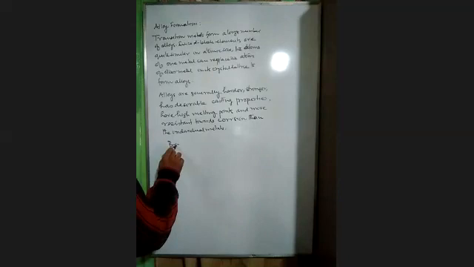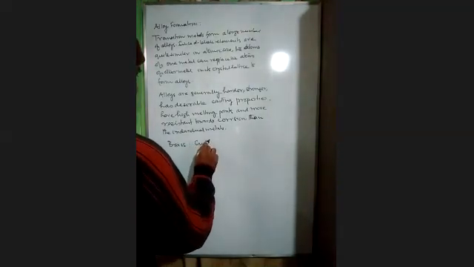Okay, write the example. Please, some of the examples you should know for your entrance exam. Brass contains what? Copper and zinc. See, zinc is 225 picometer, copper is 119 picometer, so almost the same.